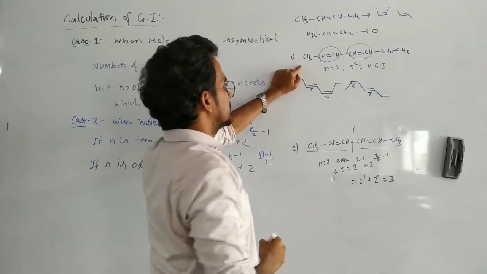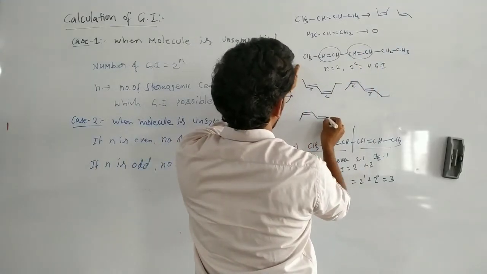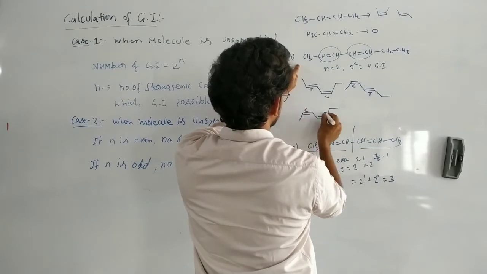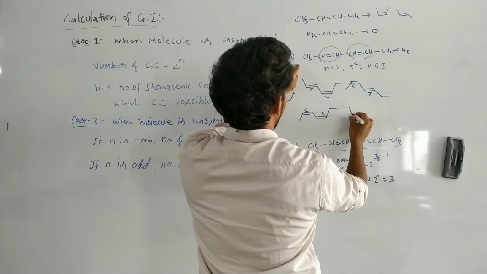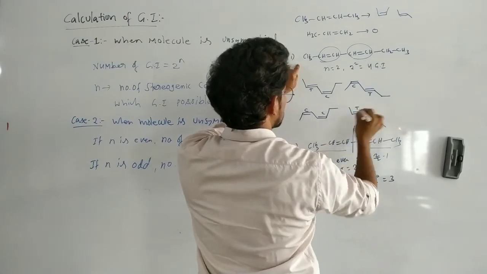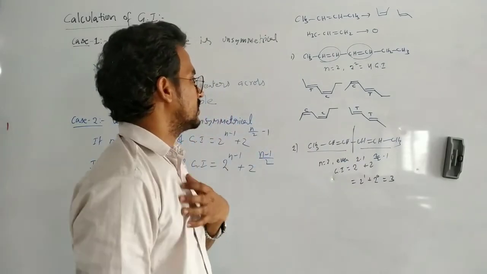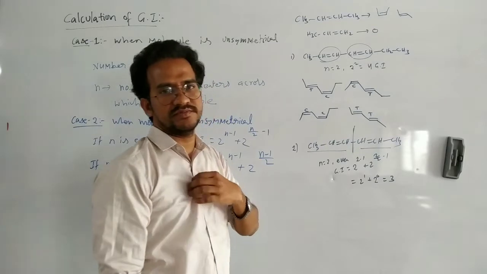Next, ethyl. Cis, cis. Here trans, trans. So 4 are the geometric isomers.